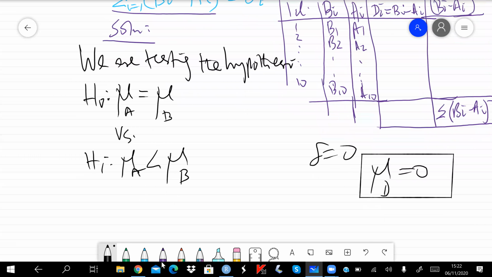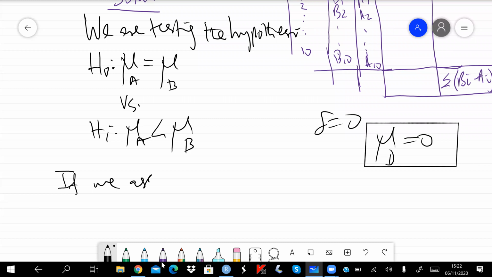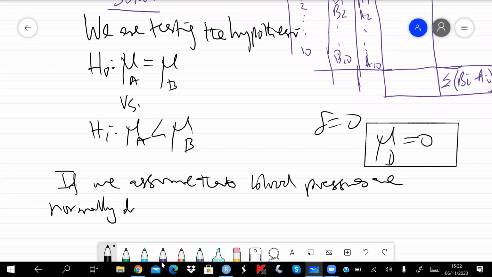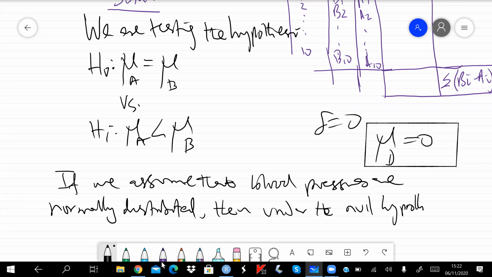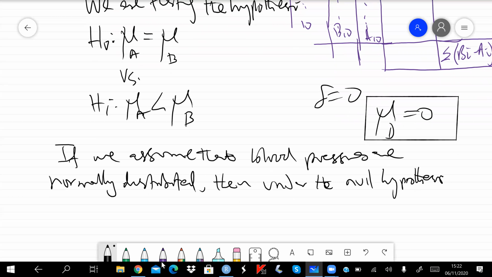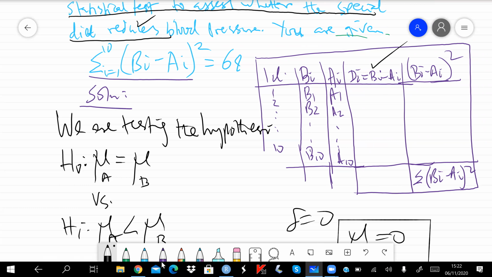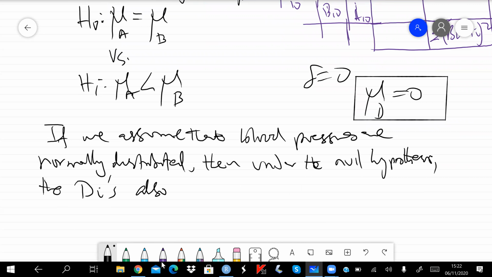Then we say that if we assume blood pressures are normally distributed, then under the null hypothesis the DIs also have a normal distribution, which is a very important statement.